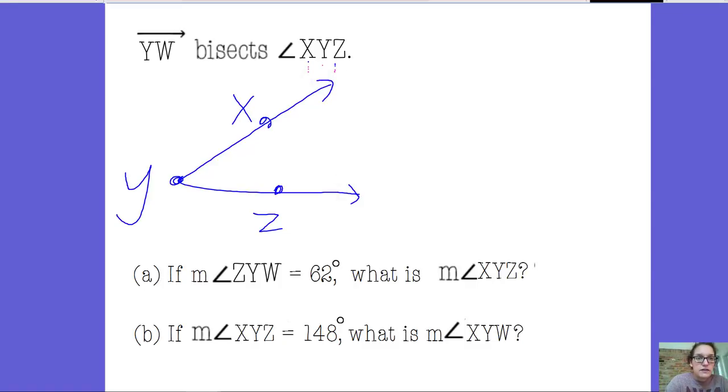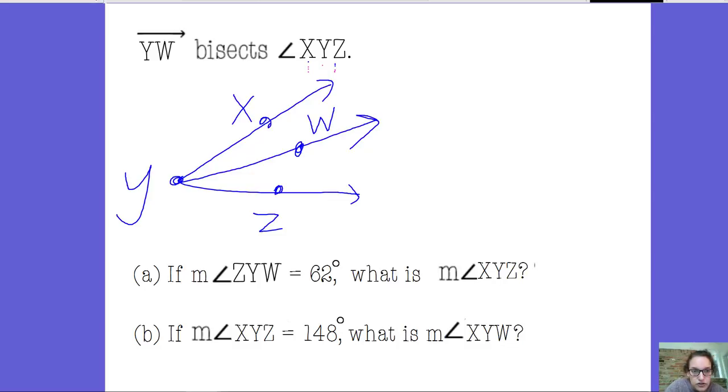Then ray YW, remember the first letter of a ray is the endpoint. So Y is my endpoint, and it's going to extend forever in the direction of W. So ray YW is bisecting angle XYZ. What that means is that ray is cutting angle XYZ into two congruent angles.